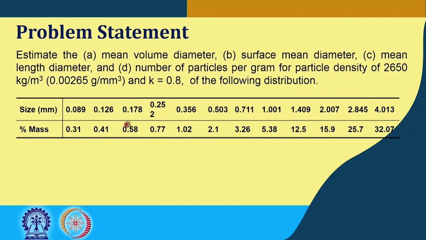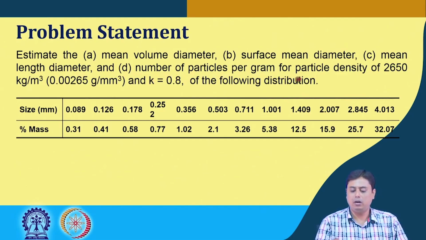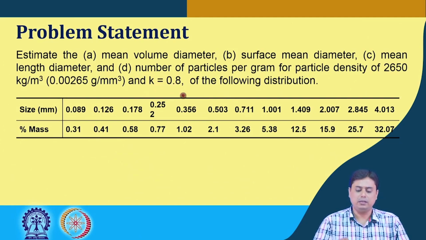The question is, from this given data how do we calculate the mean volume diameter, surface mean diameter, mean length diameter and the number of particles per gram, if the particle density is 2650 kg per meter cube and the shape factor, the shape dependent constant required for calculating the volume or the mass, k is 0.8.